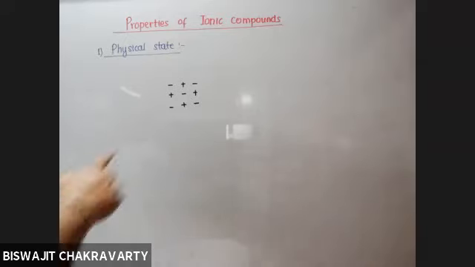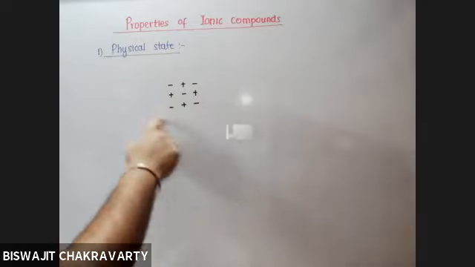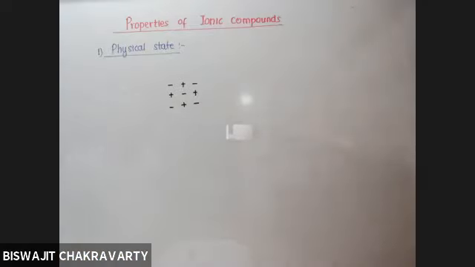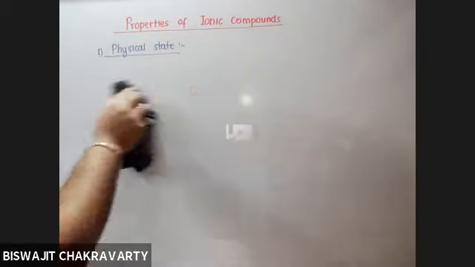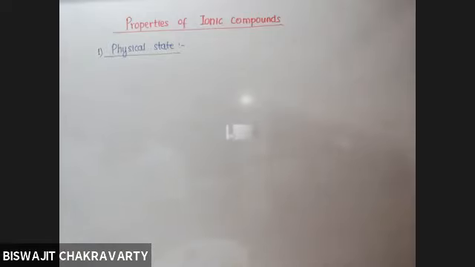Exactly in a similar way, when an ionic compound is produced, they have a regular geometry. The oppositely charged ions arrange themselves in three-dimensional geometry, giving them a very, very stable state. So no ionic compound exists in the liquid state. All ionic compounds are solids.